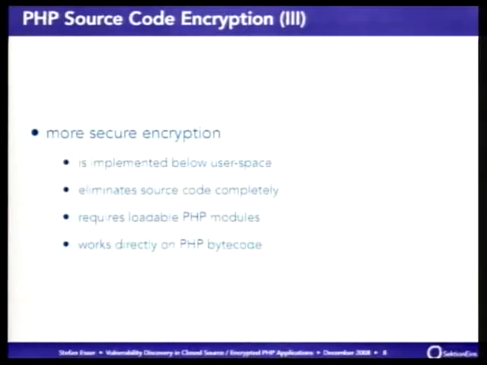For more secure PHP encryption, this is usually implemented below the user space, because everything you do in user space can be hooked from within PHP, and you can just see what they are doing. So PHP encryptions are usually implemented in a loadable extension, and you cannot run the PHP application without the loader extension.